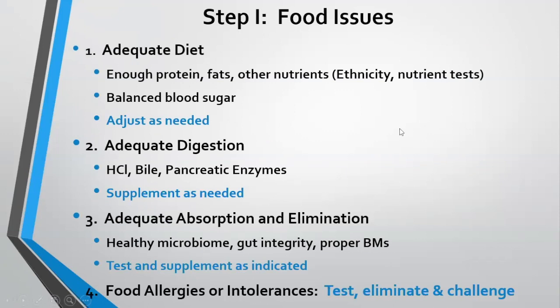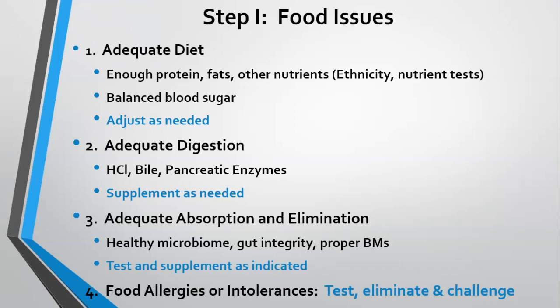So the very first thing we want to be looking at is, is the person's diet adequate? Are there enough proteins, fats, and other nutrients in place? And we need to take into account a number of things: their ethnicity, their blood type, whatever we need to be looking at for them.